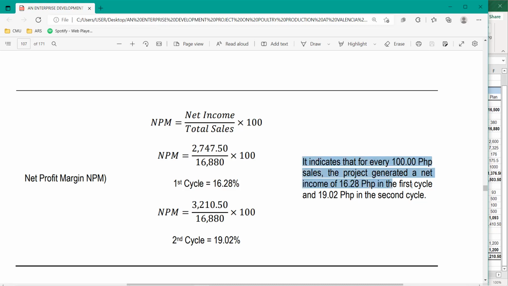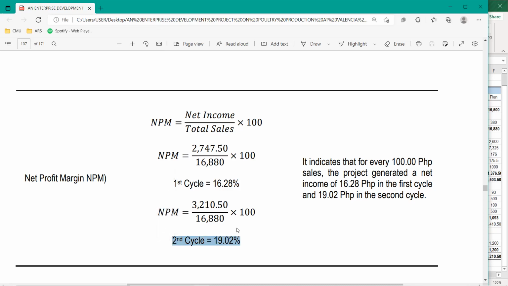So I really do hope nga you try to interpret your ratio. Imong i-check. Okay, based daw sa ako ang net income o total sales, more daw ni ang ako ang magkuha at least 19.02%.